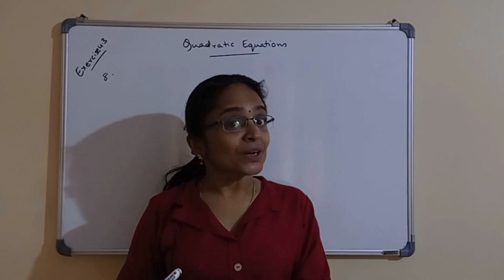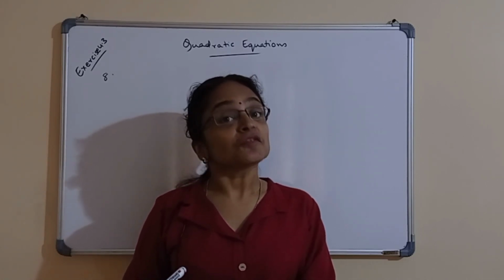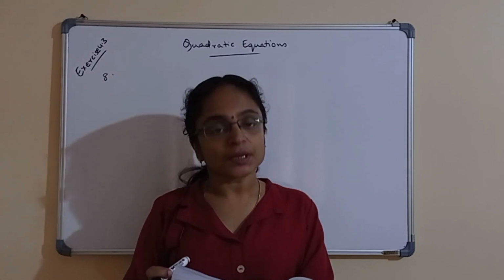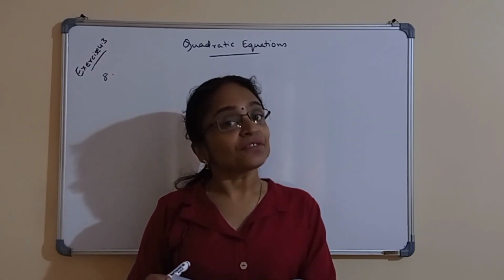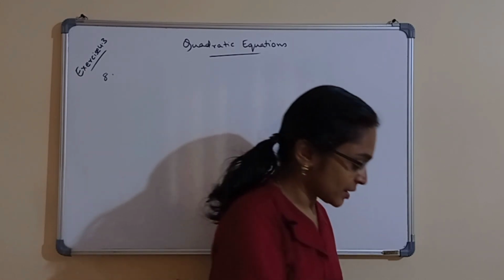Okay. Next one is: a train travels 360 kilometers at a uniform speed. If the speed had been 5 kilometers per hour more, it would have taken 1 hour less for the same journey. Find the speed of the train.